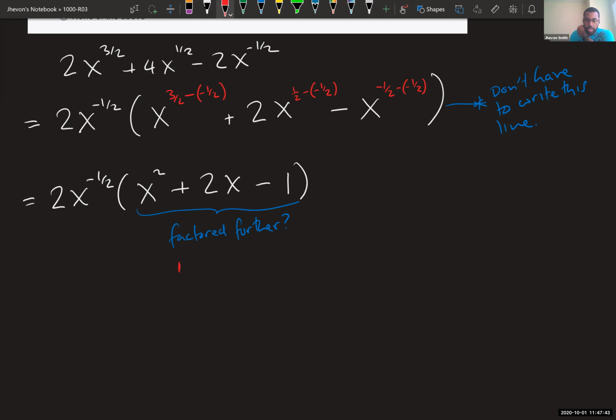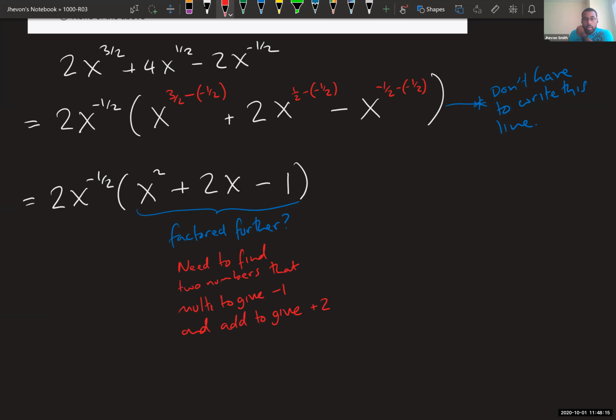What do you need here? You need to find two numbers that multiply to give negative 1 and add to give positive 2.